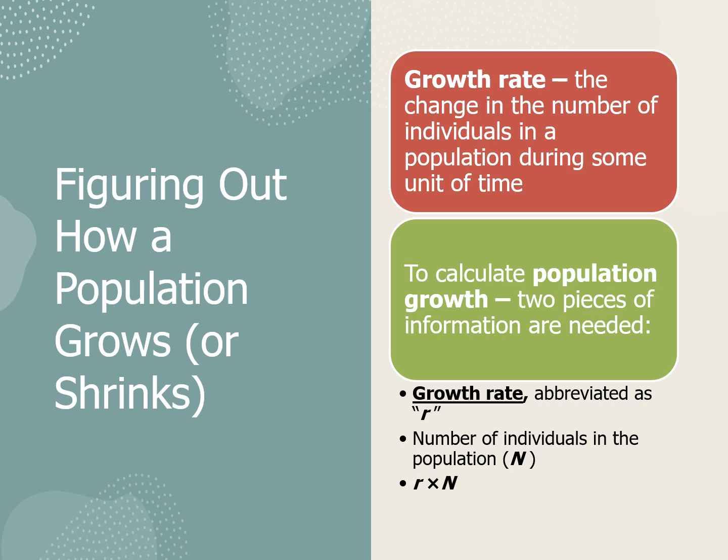We're also going to need capital N, which is the number of individuals in the population, technically at that time. But for now, just realize that N is the number of individuals in the population. In order to calculate population growth, you're just going to take r and multiply it by N, very simply. But we are going to make it a little bit harder, I believe, on the next slide.